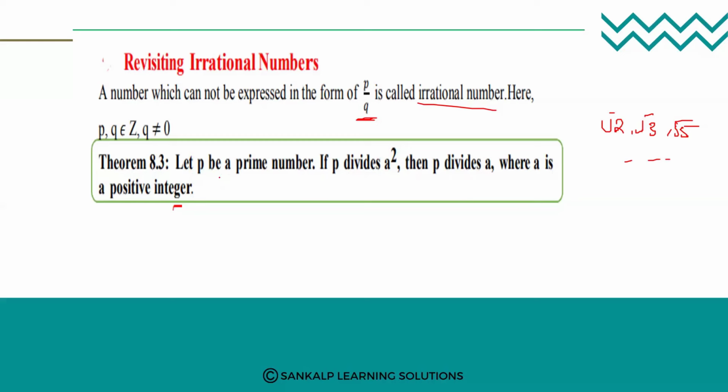Let P be a prime number. If P divides A square, then P divides A, where A is a positive integer.